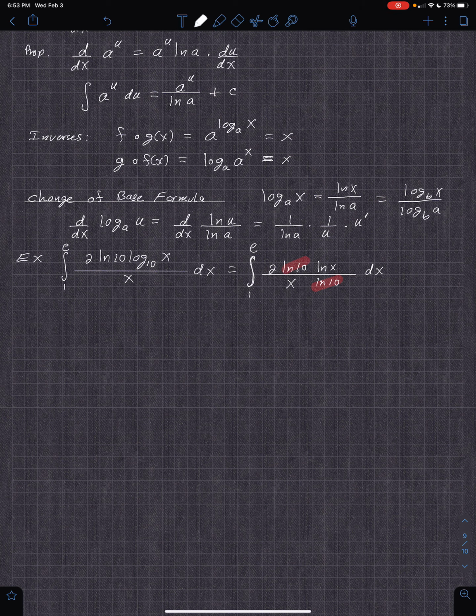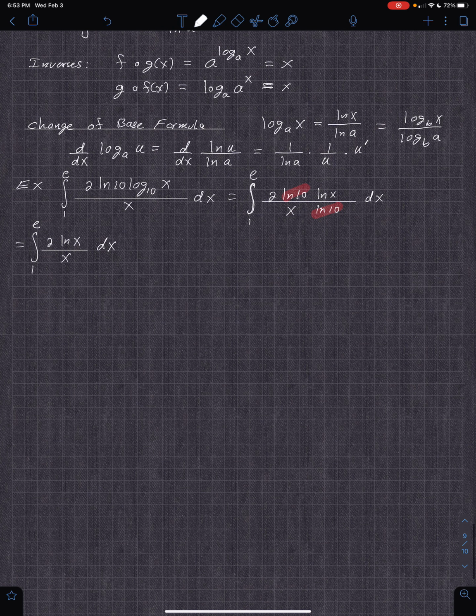And you're left with the definite integral from 1 to e of ln x over x dx. Not necessarily obvious, I guess, right here.